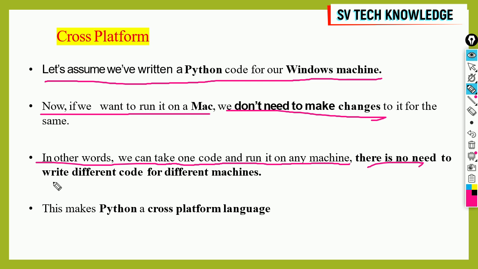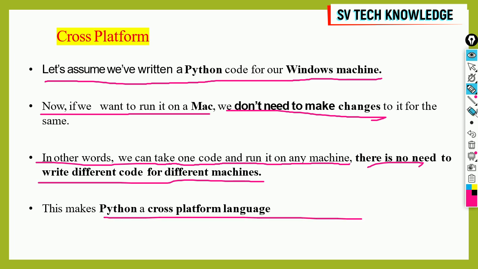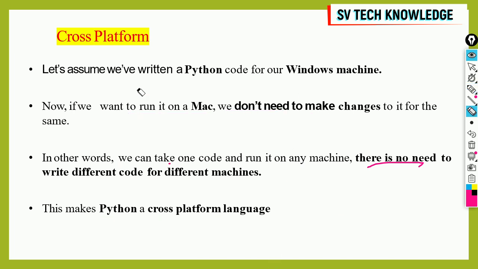There is no need to write different code for different machines, for Mac OS, Linux, all these things. You can write the Python code once, and you need not change it on any platform. That is called a cross-platform language. It can run on any platform.